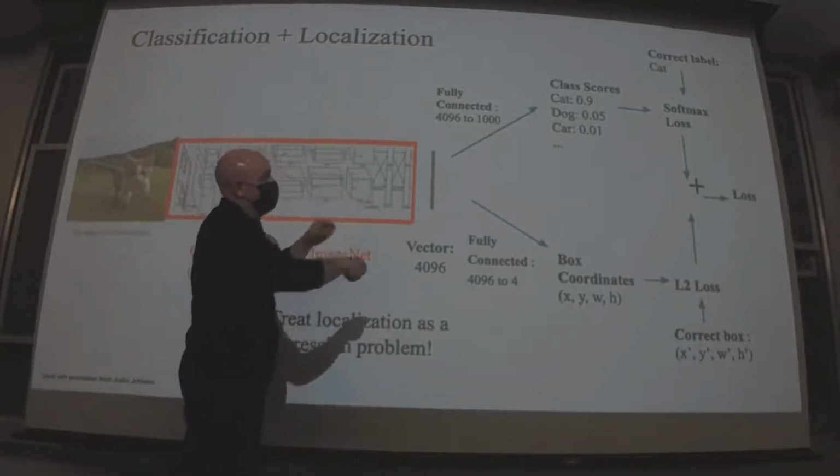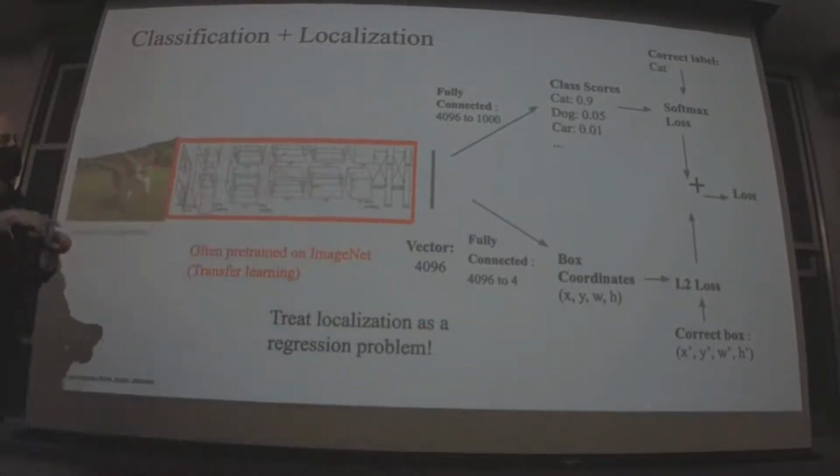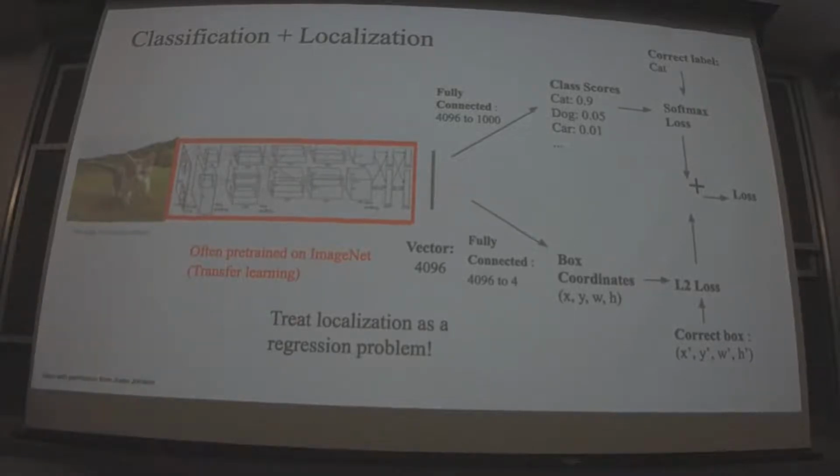From there you learn to do the classification and the bounding box task. You can learn it all end to end, which you end up doing for the more advanced models I'm about to show you, but in general this is not a bad approach. It works quite well for obvious reasons.